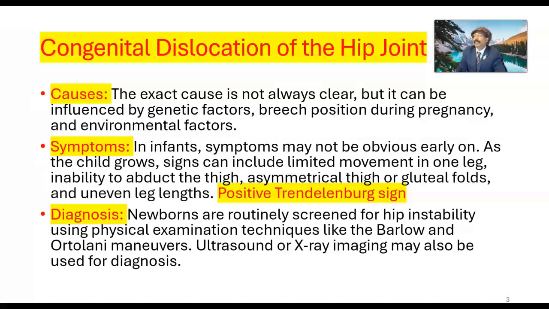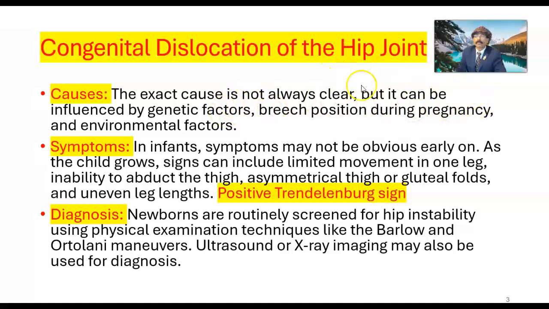In breech presentation the buttock comes first through the birth canal, and these babies are more prone to develop congenital dislocation of the hip joint. Environmental factors may also contribute.